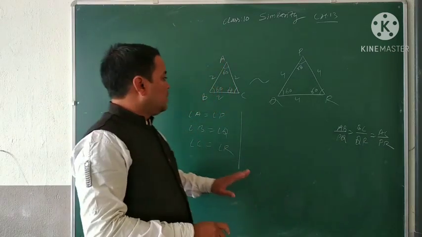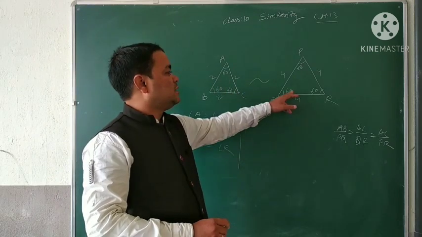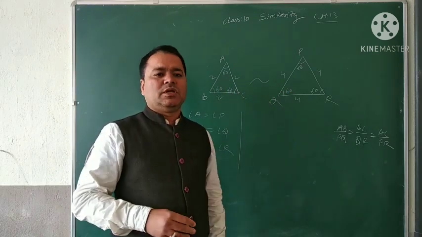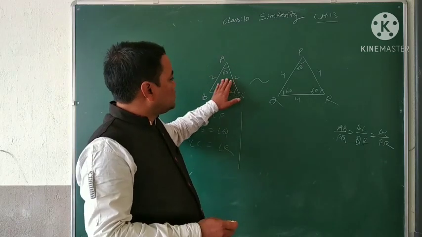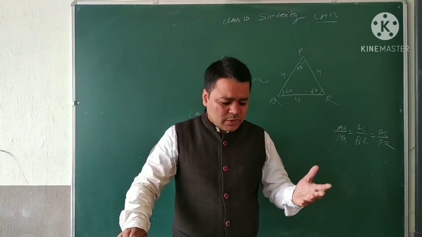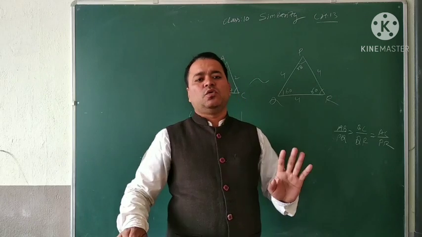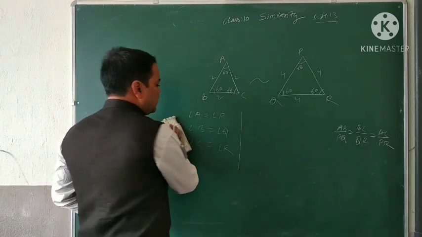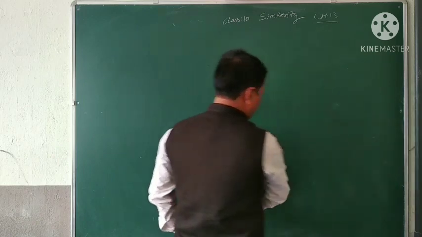Okay. Now, how should we prove that these two triangles are similar? Just like for proving the congruency of two triangles we have the 5 criteria, similarly here also we have some criteria for proving the similarity of two triangles.